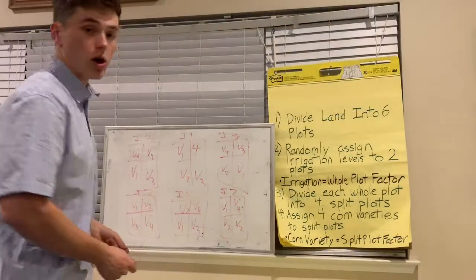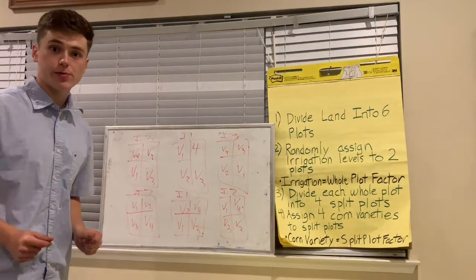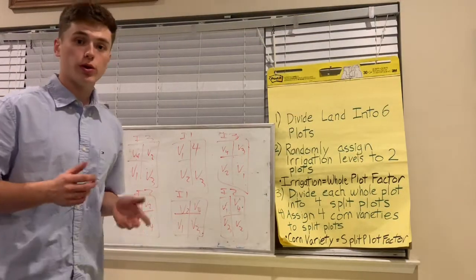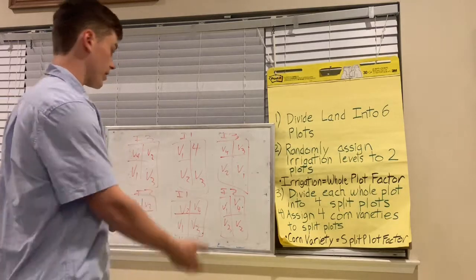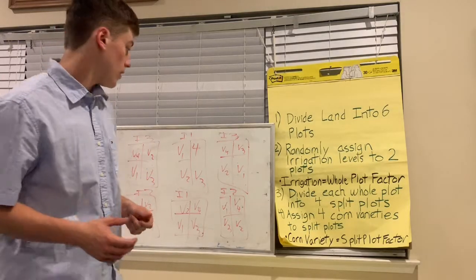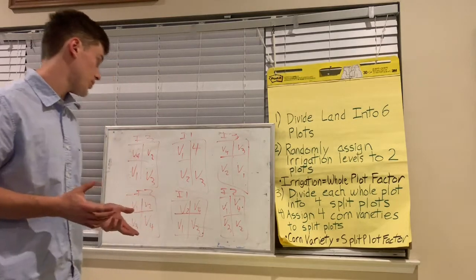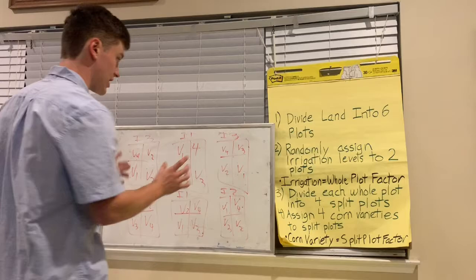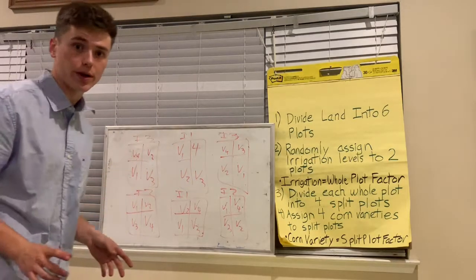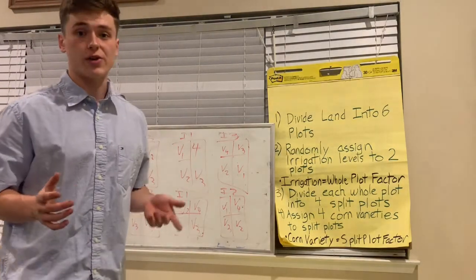Now I've randomly assigned all the varieties to each of the irrigation blocks. And now you will run your design with this process. This corn example is easier for me to see, at least, just because you can envision the separate plots of land being the separate whole plot factors.